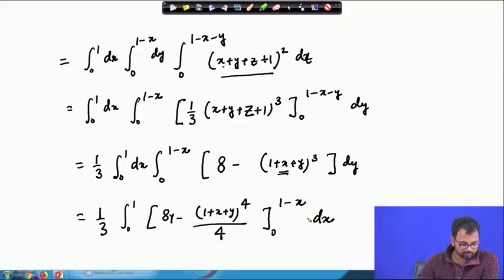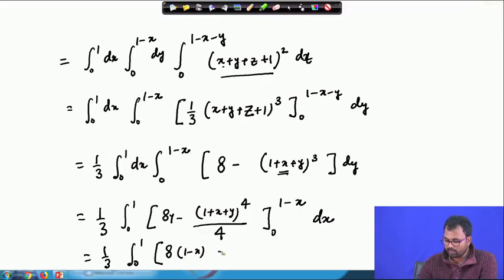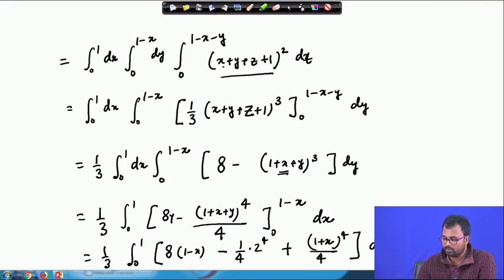All right. And then we substitute the value. So this will be basically 0 to 1, 8 (1 minus x) minus 1 by 4. If I substitute 1 minus x, then 2 to the power 4, and then minus minus plus, this will be (1 plus x) divided by 4 whole to the power 4 dx.